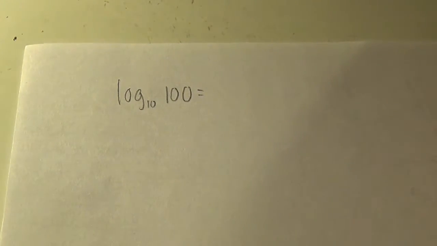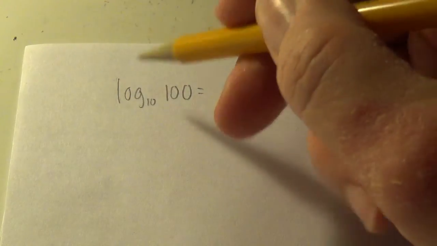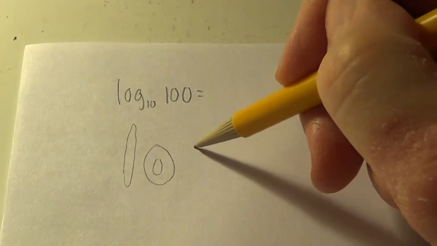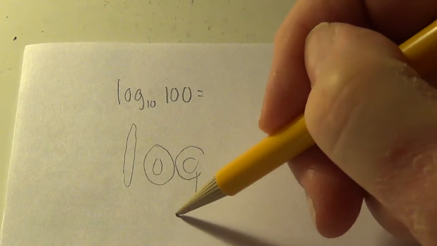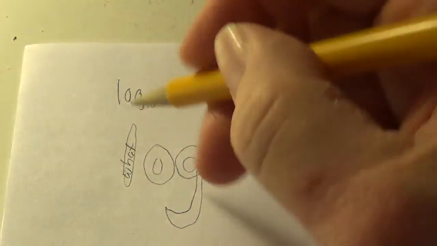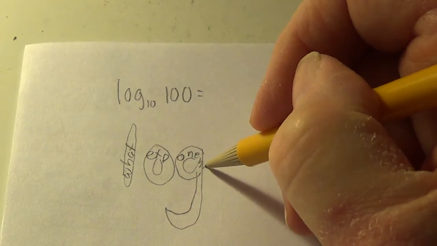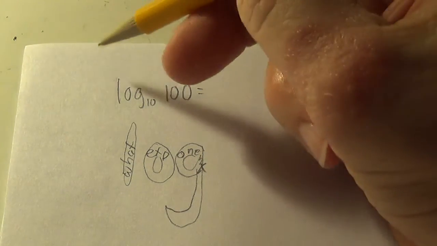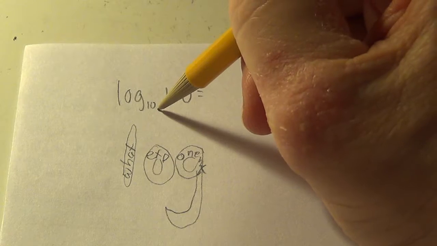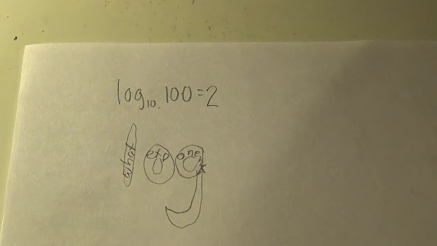The first one and the most basic is this one, and it's saying to you, whenever you see this word, if you look closely with a microscope, it says, what exponent? If you look closely, all a log is an exponent. So it says, what exponent do I give this number to get that number? Alright, that's all a logarithm is.